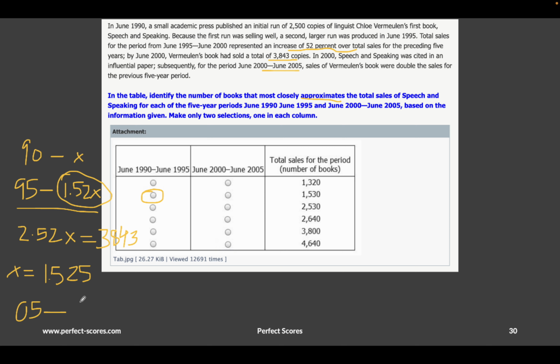So what's double of 1.52? That's 3.06x. And how do you get the actual number? You can just multiply 3.06 into the real value of x, which is 1525. And of course, this is going to be greater than 4,000. Hence, this is going to be the answer.